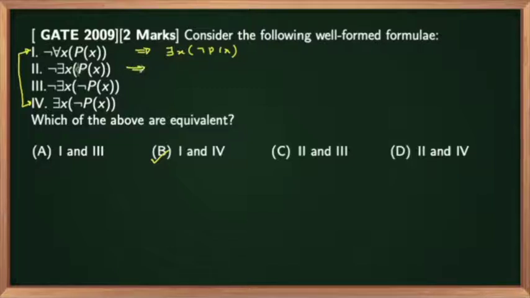It says not there exists an x p of x, that means for all x not p of x. And here this means for all x p of x, right? So these two are not equal to this one. So the answer should be B.